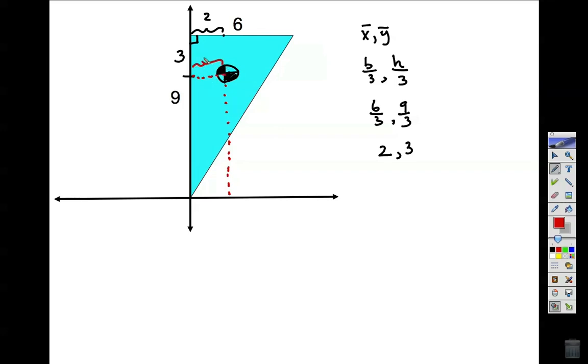This is 2, but this height is not 3 based on the ordered pair. This is actually 9, because that's the total height, minus 3, which is 6. So in this case, this ordered pair is 2, 6.